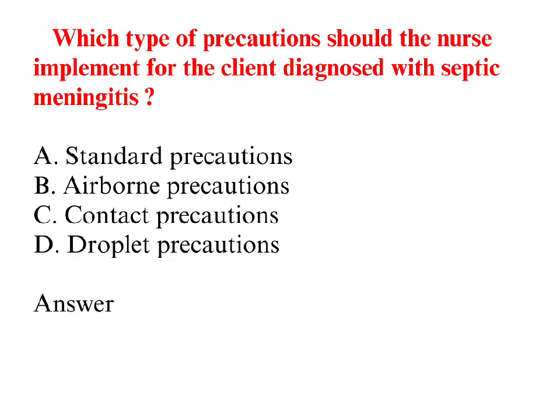Next, which type of precautions should the nurse implement for the client diagnosed with septic meningitis? The answers are A, standard precautions, B, airborne precautions, C, contact precautions, D, droplet precautions. Okay, A is standard precautions. Everywhere we are using cap, mask, gloves and aprons and everything. That is the standard precaution to prevent any hospital acquired infections.